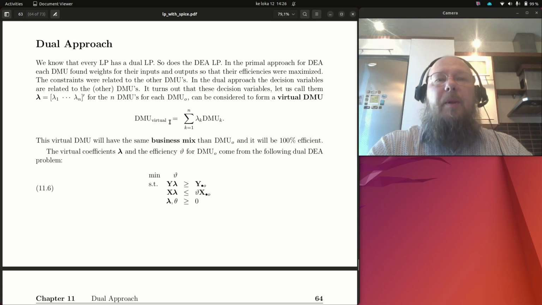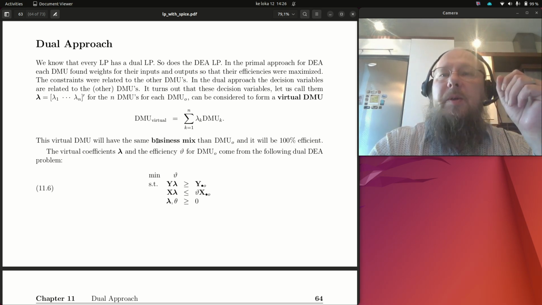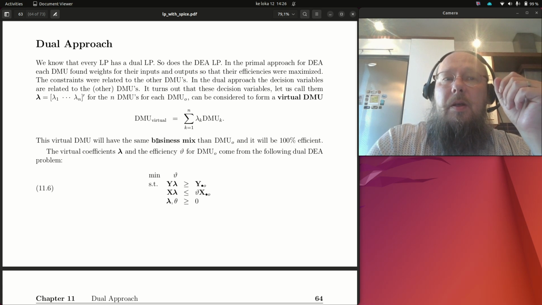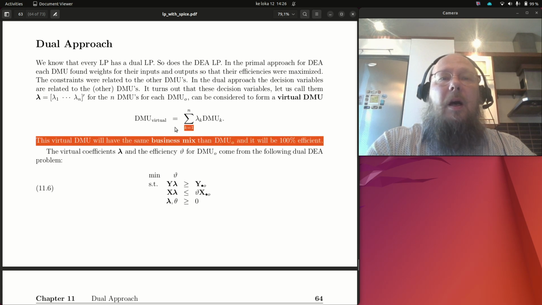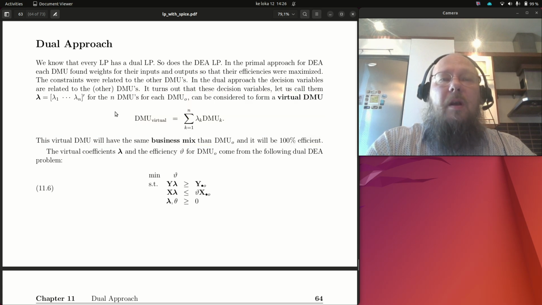And this virtual DMU somehow has the same business mix as the DMU O under observation. So these lambda k's are now calculated for the DMU O. And then this virtual DMU is 100% efficient, while the original one maybe or maybe not. So that was some kind of vague idea of how the dual approach could look like.